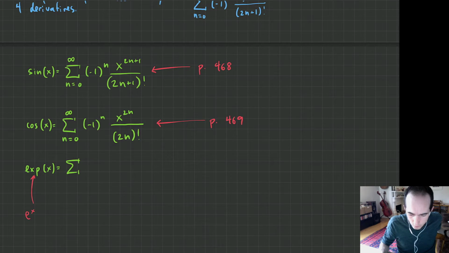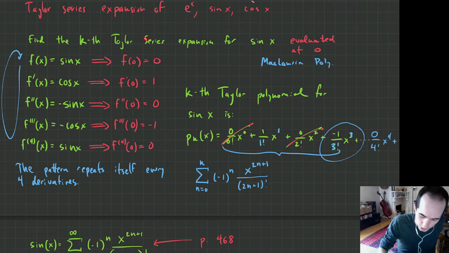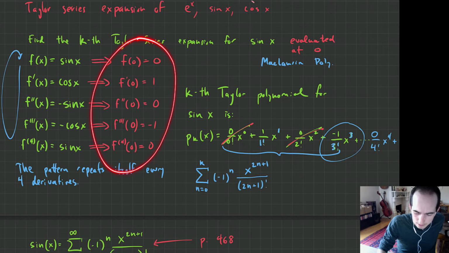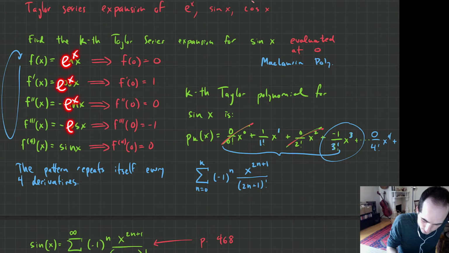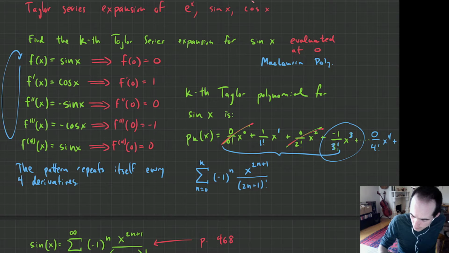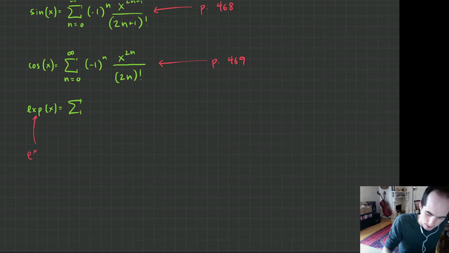So in this portion of the Taylor series expansion, we're going to get a whole bunch of ones, because if this is e to the x, then all of these are going to be e to the x, since whenever you take the derivative of e to the x, you get e to the x. And e to the power of 0 is 1, so when we calculate the polynomial, all of these are going to be 1s up here. So that's what's happening here.